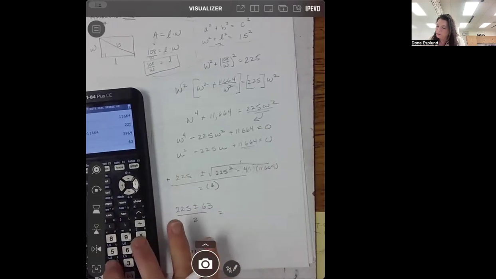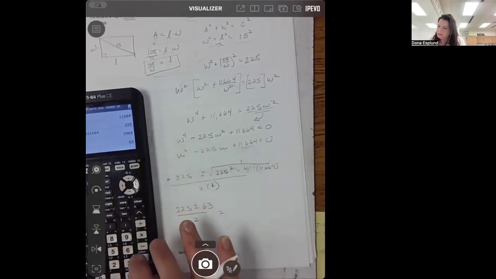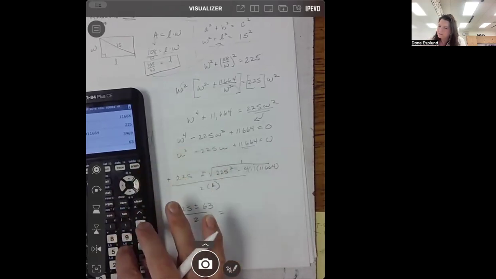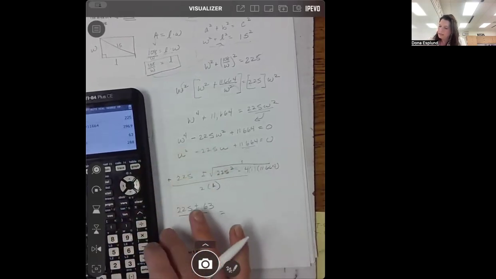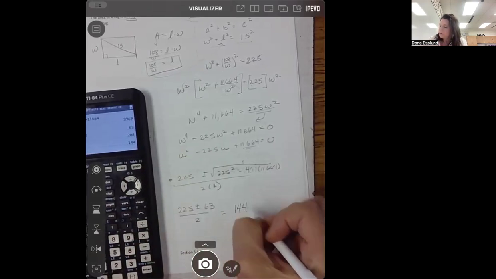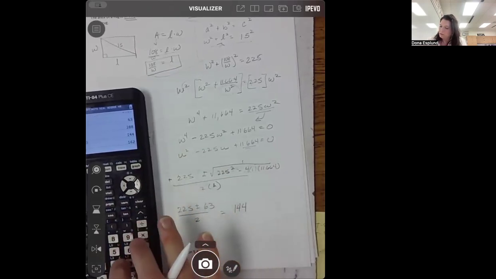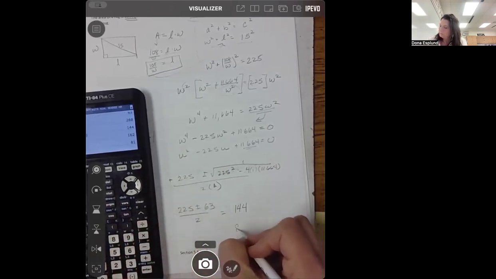So if I go 225 plus, not times, plus 63, I'm trying to hurry because I'm running out of time. I got 288 divided by 2, so it'd be 144. But if I have 225 minus 63 divided by 2, I get 81.